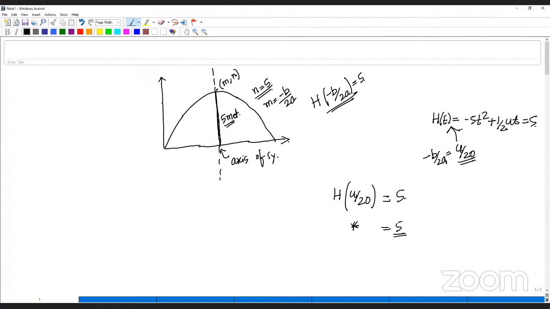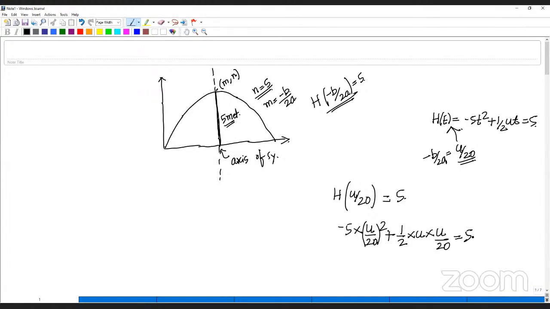Is it clear? Sir, I'm not getting this u by 20 equal to 5. No. What is h of u by 20? This is minus 5 into u by 20 square, right? Plus half into u into u by 20, right?